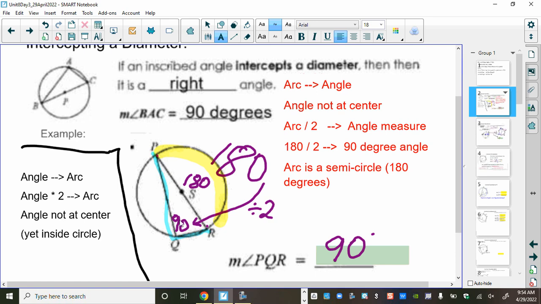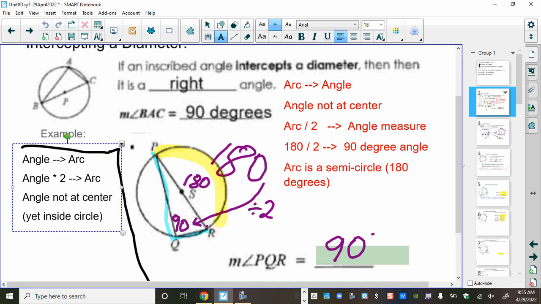That's why we got the 90-degree angle. This is your straight line angle. If your angle is at the center, angle and arc will be the same. So if angle's at center, then angle and arc are the same.